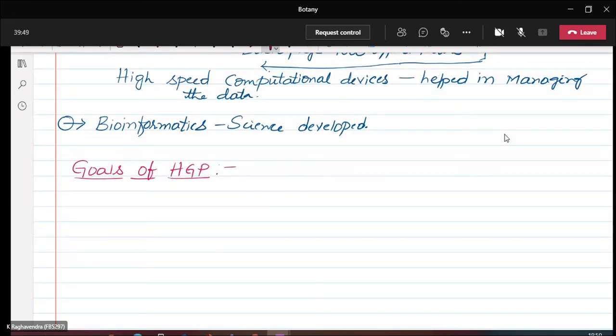The main goal is the identification of approximately 20,000 to 25,000 genes in human DNA. This is the first goal.